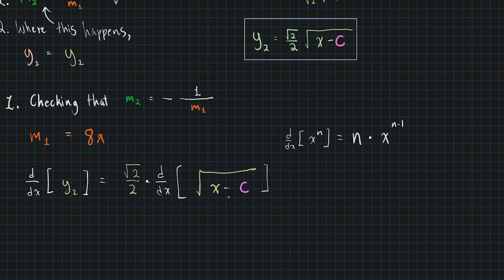Alright, so you might see here that this is a little more complicated than if we just had square root of x. If we had the square root of x, we could use our power rule, but there's a little bit of chain rule going on here.